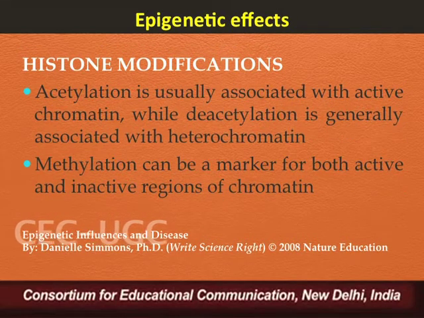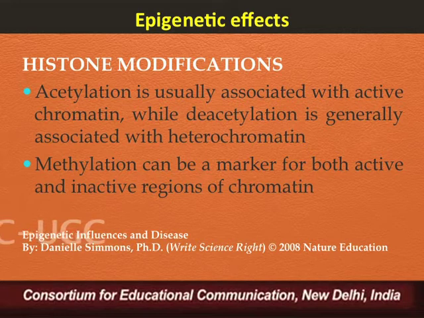Acetylation is usually associated with active chromatin, that is, euchromatin usually has a region which has histones which are acetylated, whereas whenever there is deacetylation, that is, the acetyl group is removed from histone, the region becomes heterochromatin.